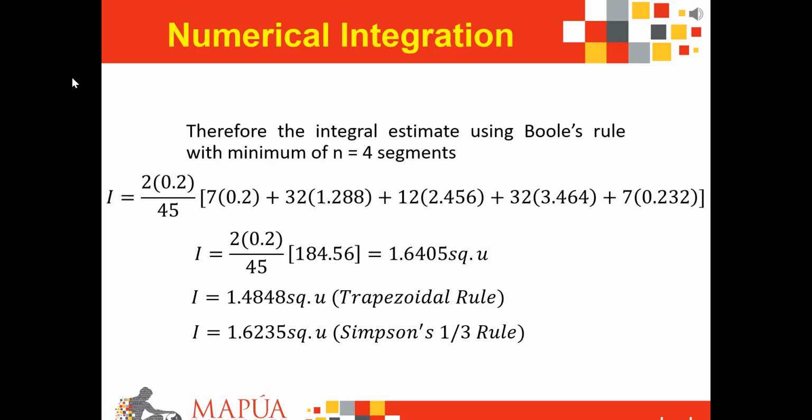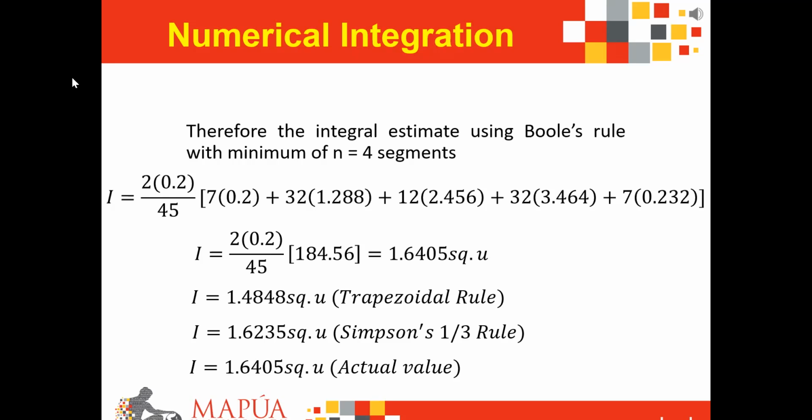Unfortunately, we cannot compare this to Simpson's 3/8 rule since the 3/8 rule is not applicable for n equal to 4 segments. However, we do know that the actual integral value for this function is 1.6405, showing us that out of the 3 techniques compared so far at n equal to 4 segments, Boole's rule turns out to be the most accurate.